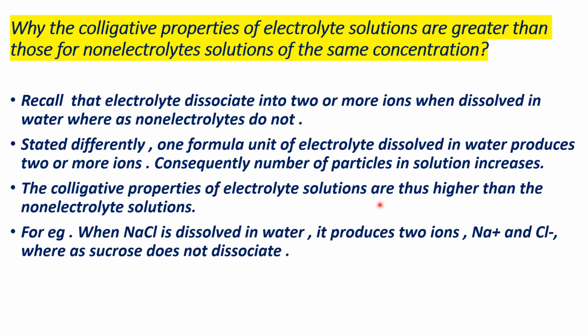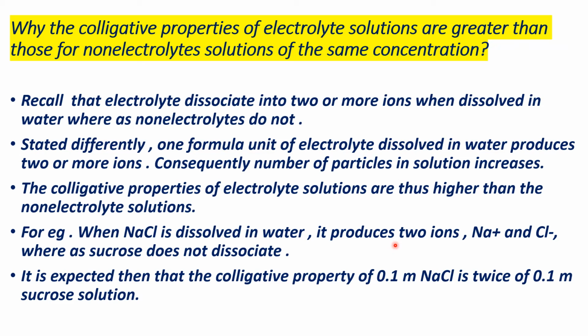For example, when NaCl is dissolved in water, it produces two ions, Na+ and Cl-, whereas sucrose does not dissociate in water.